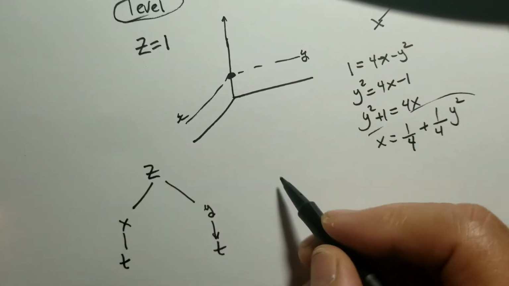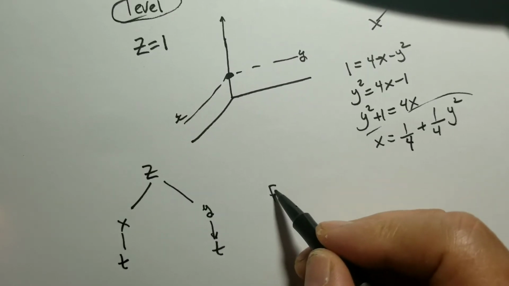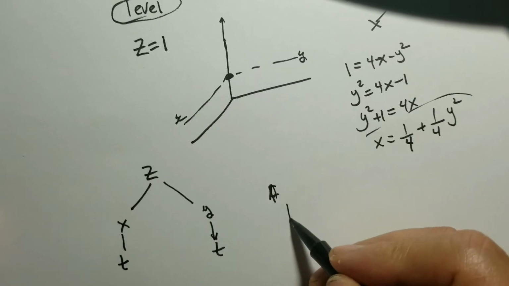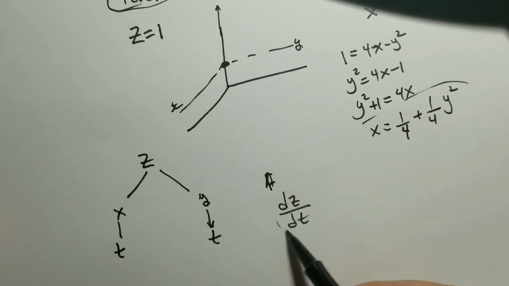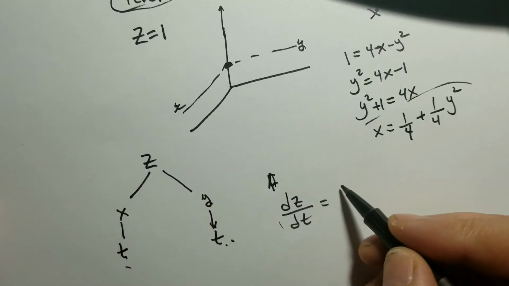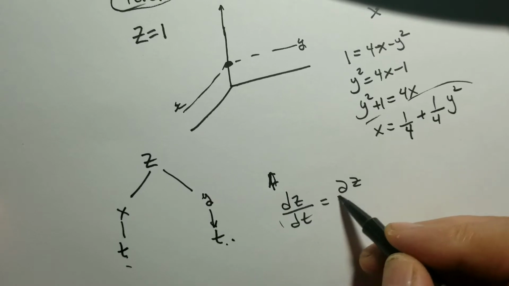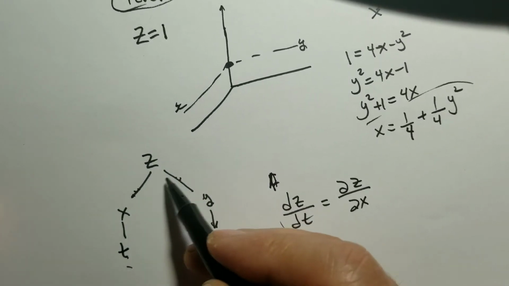Therefore, if I want to take the derivative of z with respect to t, I have to use ordinary, because that's only one variable. It is the partial derivative of z with respect to x, because here you have two paths, you have to use partial.